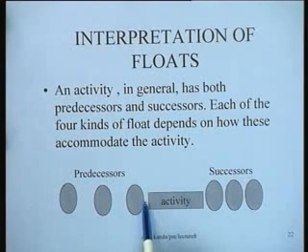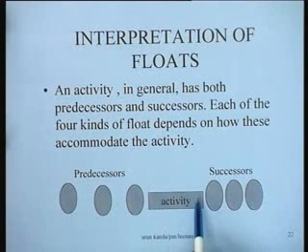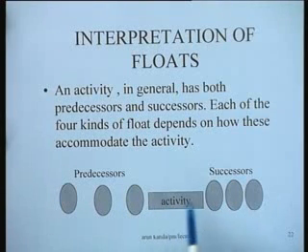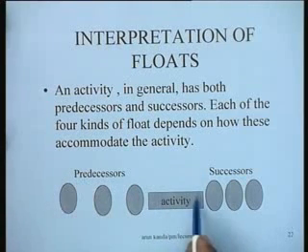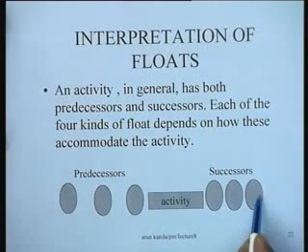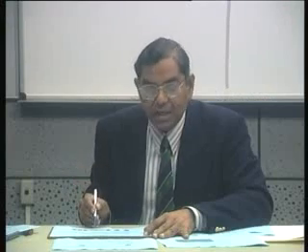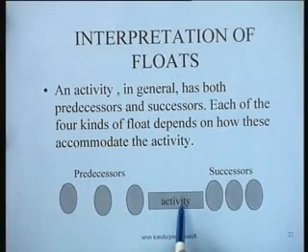It depends upon whether these are shoved this side or whether these are shoved to the maximum possible extent. So if these people are shoved to the maximum possible left hand side and these people are shoved to the maximum possible right hand side, you would have the maximum amount of leeway for the activity, and that is what governs the total float.